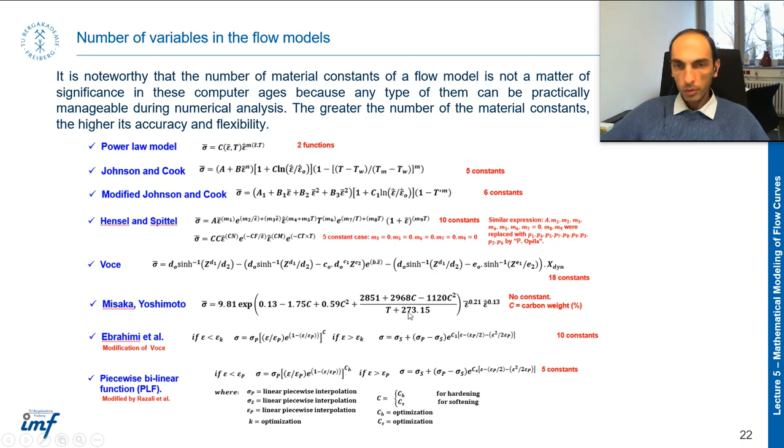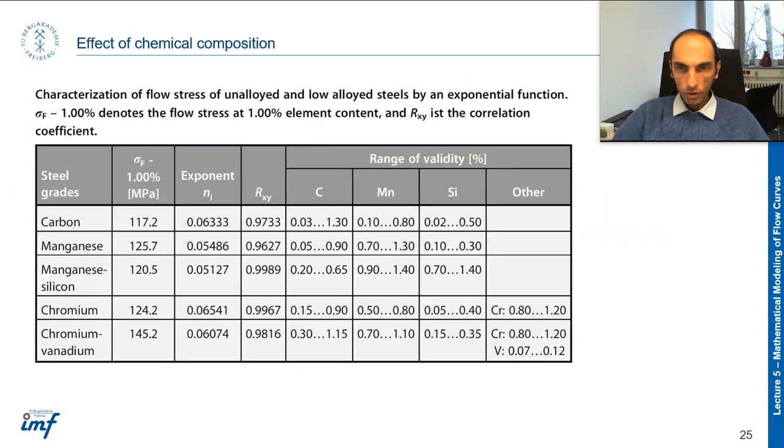Of course, the temperature and the strain rate are also in the model. The advantage of this kind of model is that they include the effect of alloying elements, but their application will be restricted, of course. They are not general models.